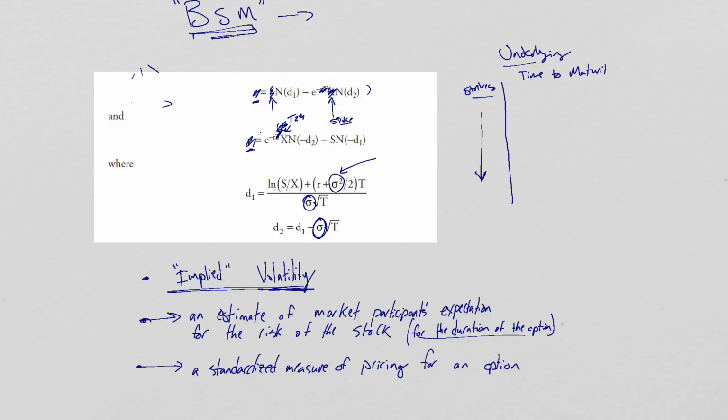And by looking at the implied volatility of all of these different options, just for a single security like Apple, you can figure out which option is more expensive and which options tend to be looking more cheap. So it's a standardized measure of pricing for an option, implied volatility.